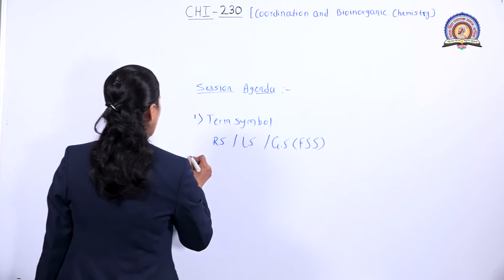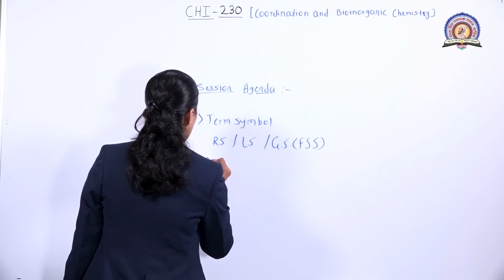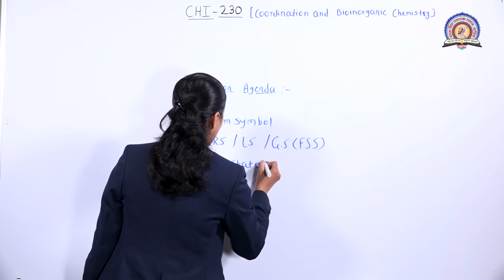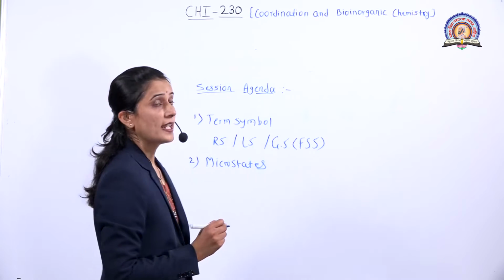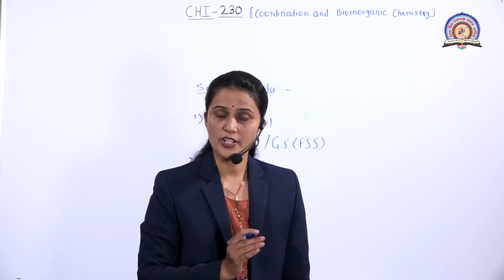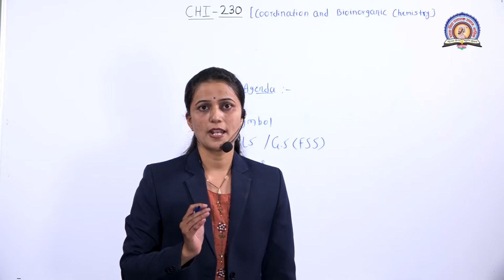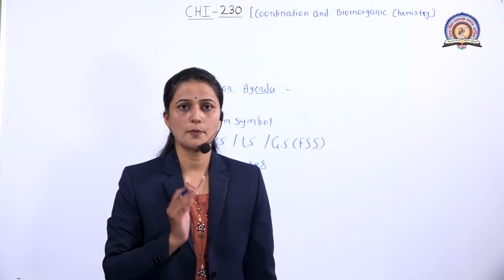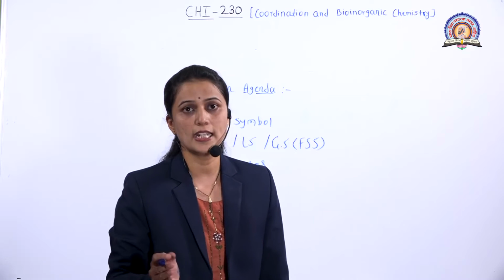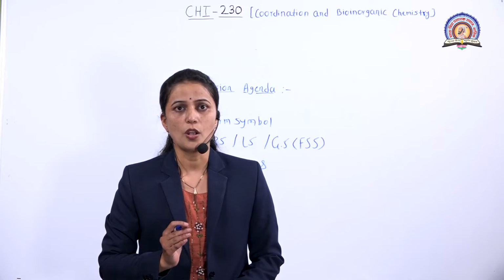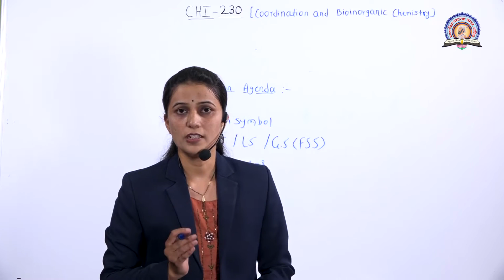And the next one, we have to see how to calculate number of microstates. Actually, there are 4 different types from which we can calculate different types of microstates. Exactly what are microstates? There are different numbers of possibilities to arrange electrons in a given configuration, or in a given Mulliken symbol, or maybe for given terms.